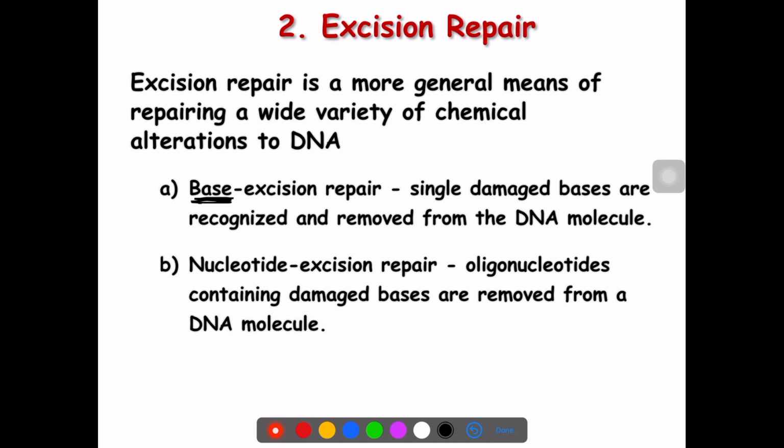And that will always require the same machinery that is used during DNA replication of the lagging strand. So keep that in mind. Whenever you're creating a gap in the DNA sequence, filling in the gap that you're creating will require the same DNA replication machinery that is used during lagging strand DNA synthesis.